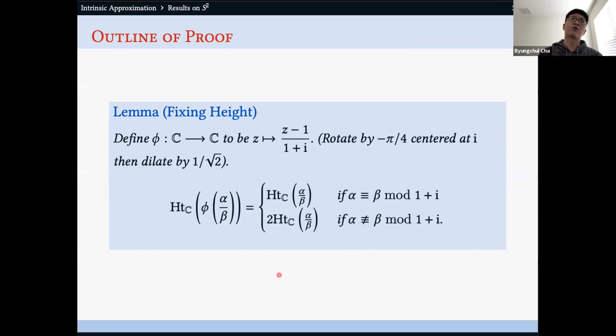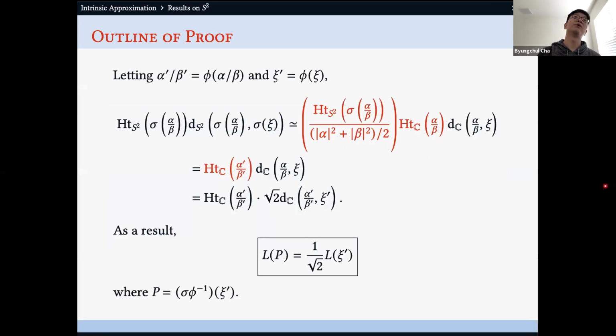So to recap, when we were hoping that this is equal to 1, in fact this red part is not equal to 1, but this part times the complex height is actually equal to the complex height of the number alpha prime over beta prime, where alpha prime and beta prime are the images of alpha and beta under the map phi.